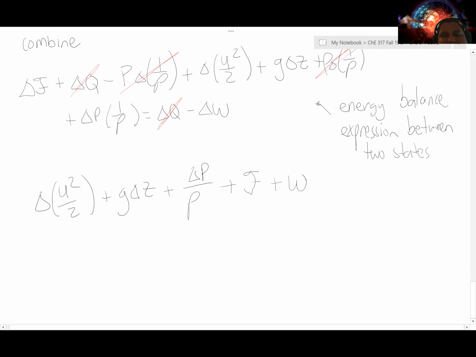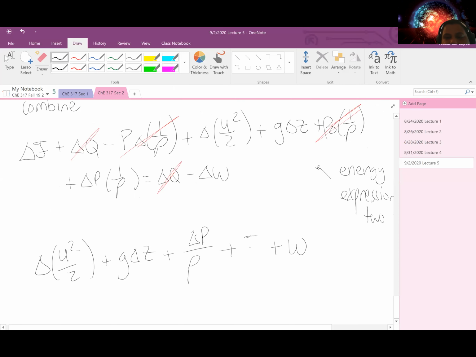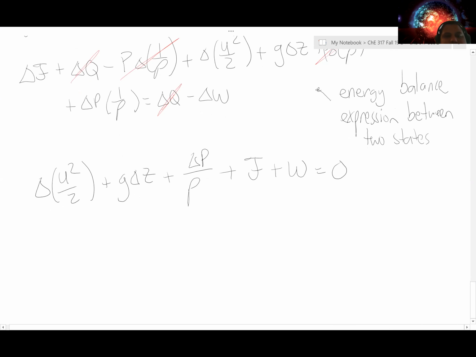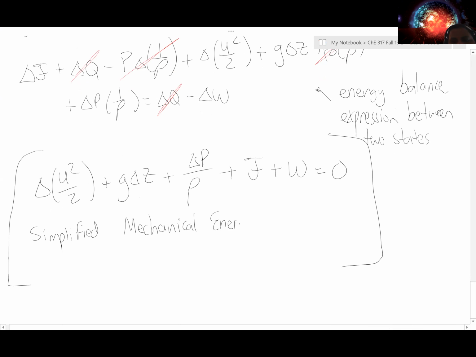Now I got rid of the deltas there for a reason, and I'll explain that in a second. Equals 0. So this is known as the simplified mechanical energy balance for fluid mechanics.